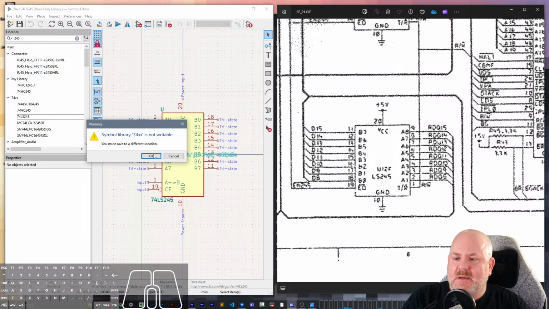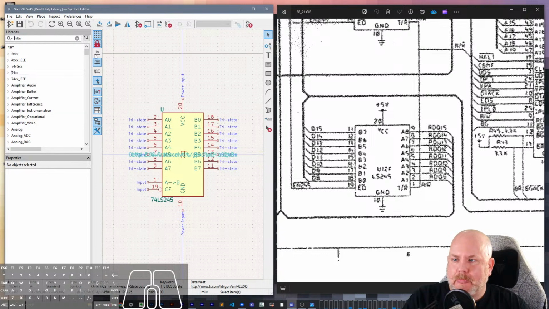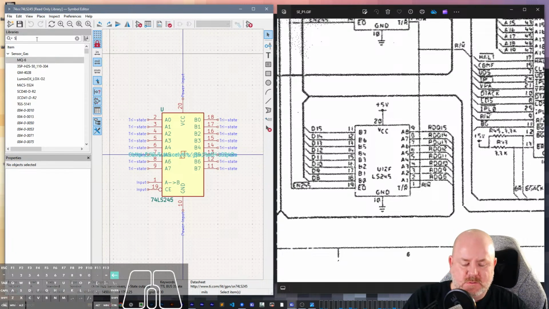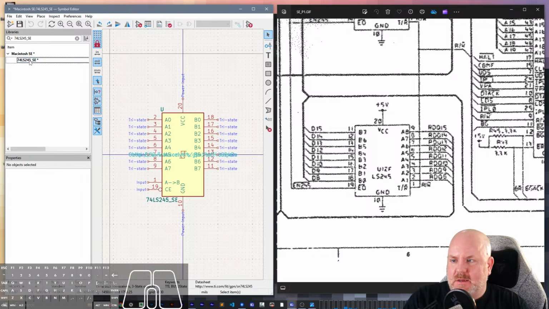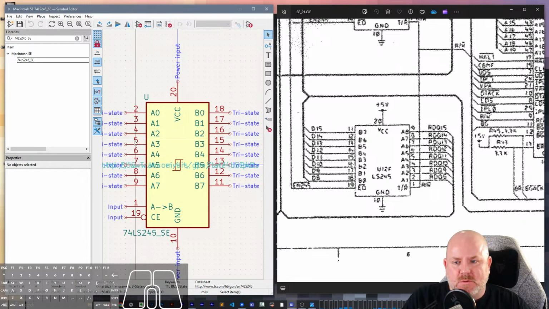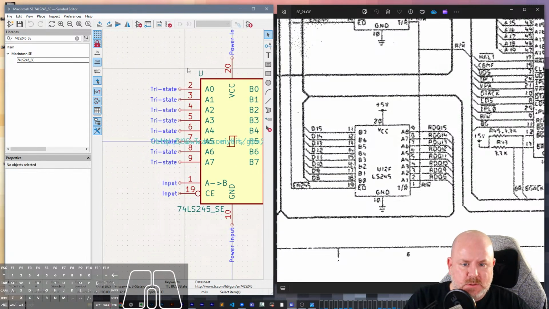And then we can hit save. All right, so now if I do 74LS245 SE, I can open up this one and we can hit save on that. Yes, okay. So now we can move around all the things.